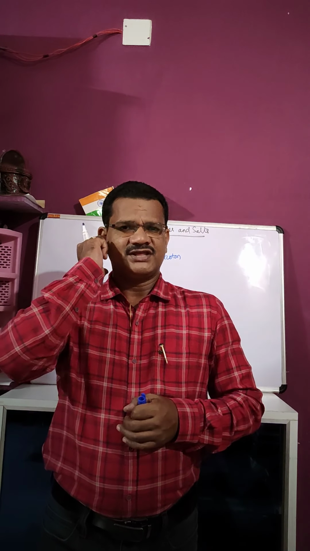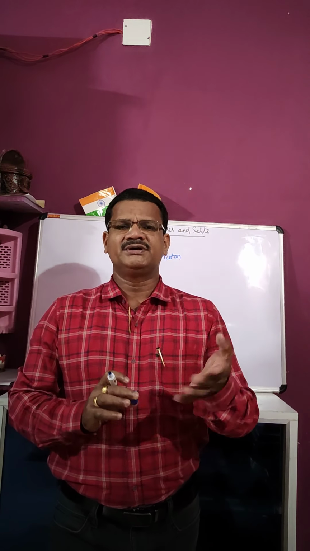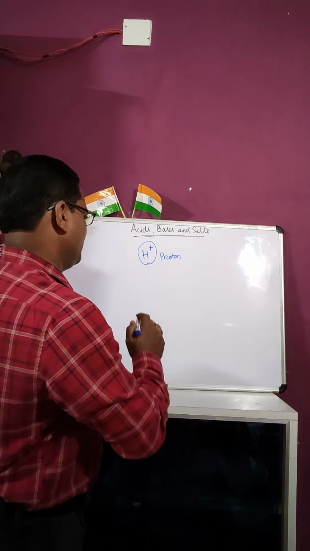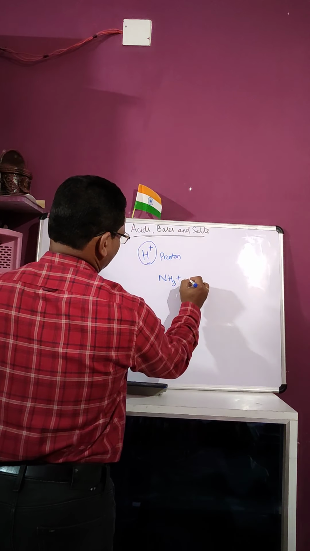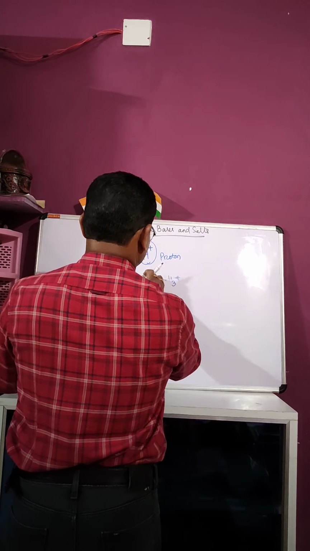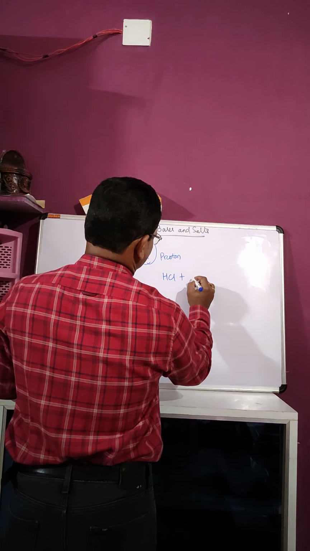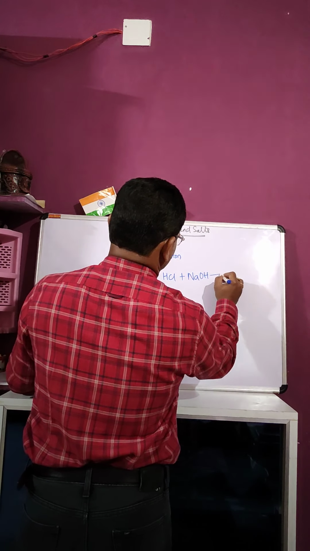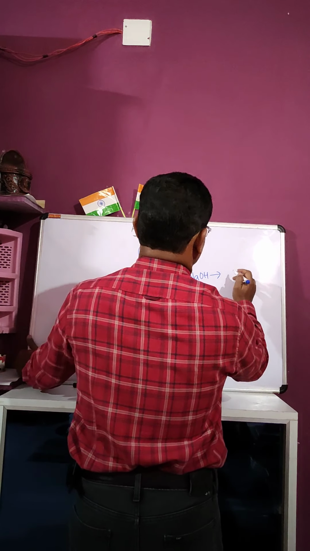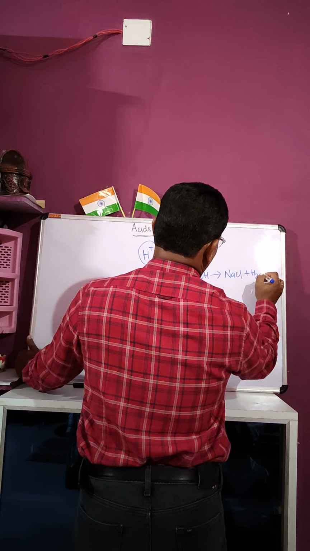Now, between the Arrhenius concept and the Bronsted-Lowry theory there is not much difference, but the Arrhenius concept had a little limitation. What is that limitation? Let me explain. Suppose HCl plus NaOH gives NaCl plus H2O.